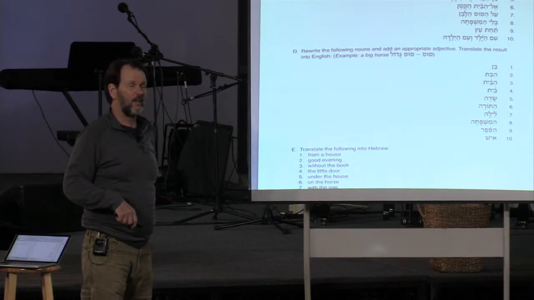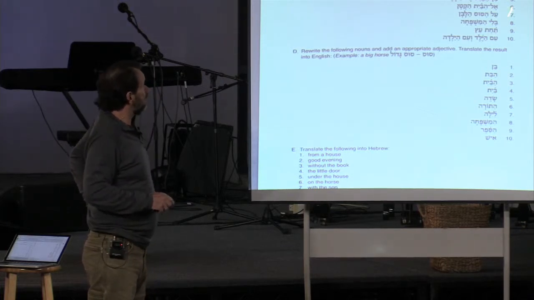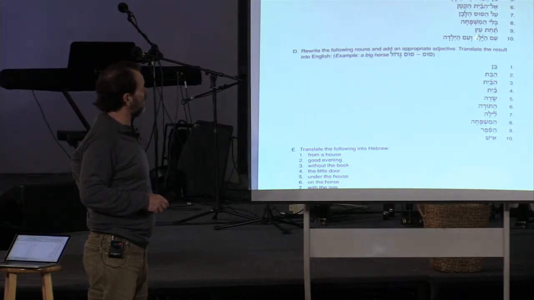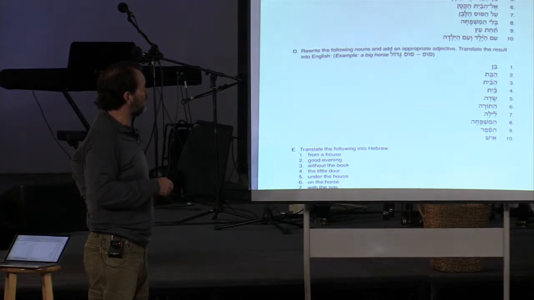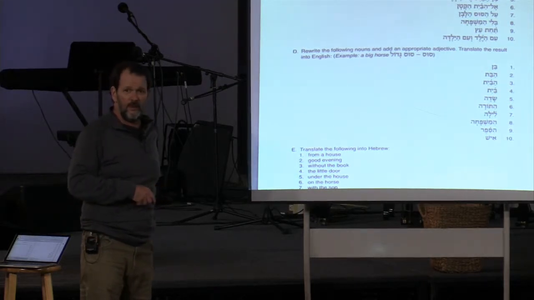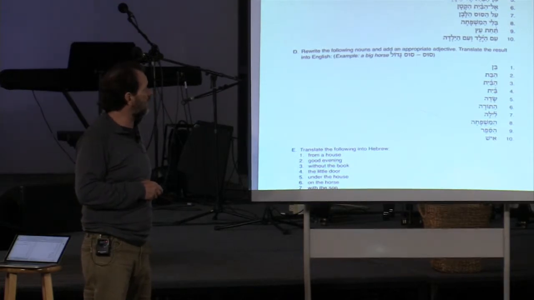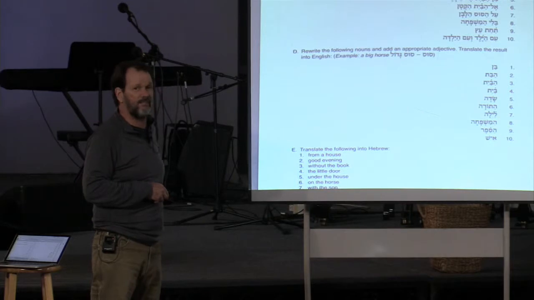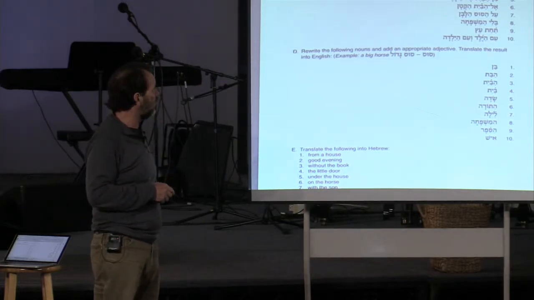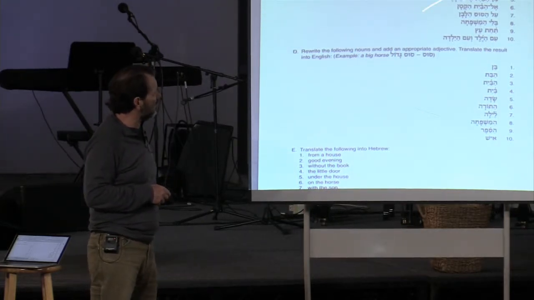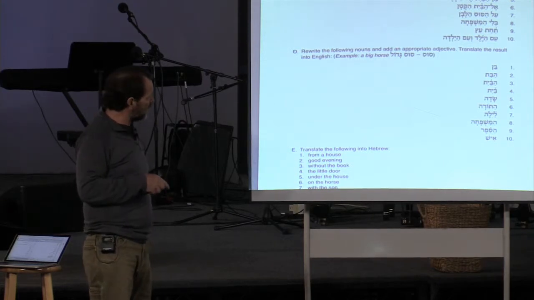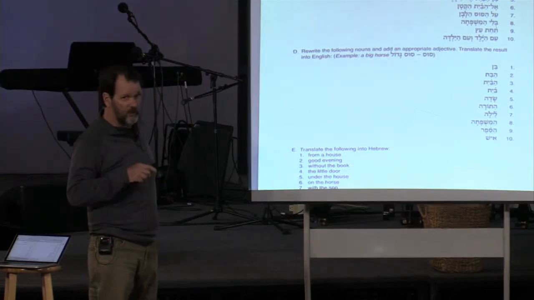Okay, so let's go on here, and now you're going to see once again how important the min and the el are. See that? How are you going to describe "to" and "from" unless you get those? And then you've got the maqqef, the one that joins two words together. We're going to get rid of the maqqef later on and make this more simple. Before we simplify it and conjugate it, it's going to appear different later, and you're going to see what I mean.